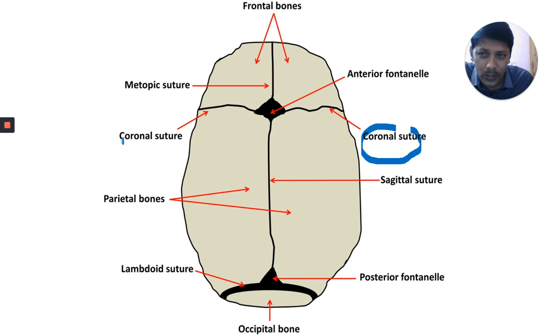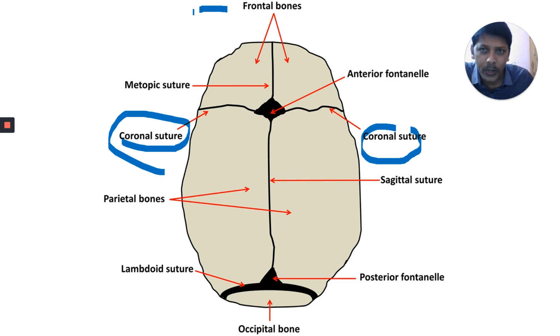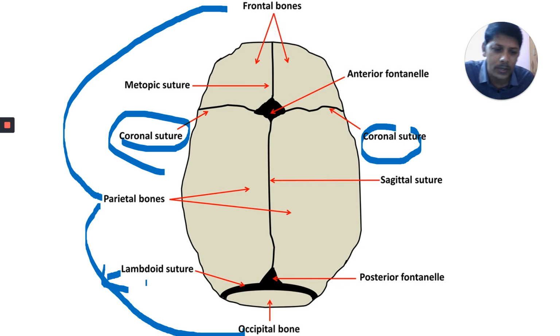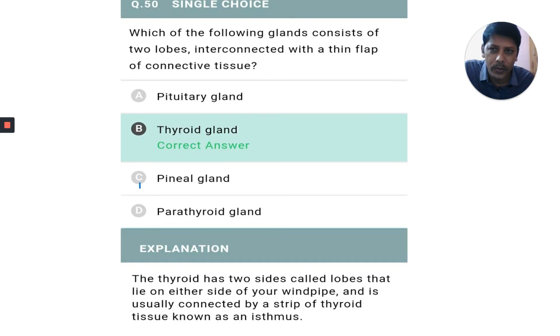This is called the coronal suture, between the frontal bone and the parietal bone. Between the parietal bone and the occipital bone, there is a suture called the lambdoid suture. Sutures are examples of immovable joints.